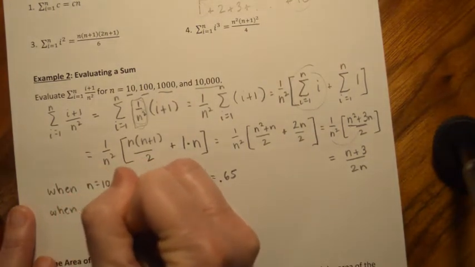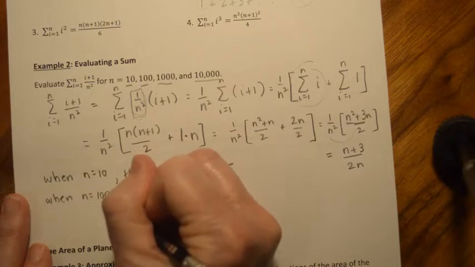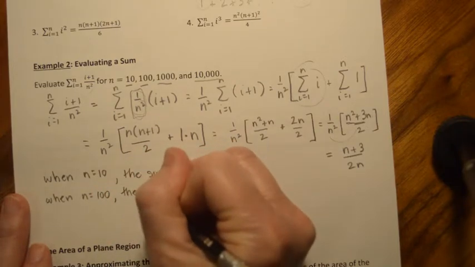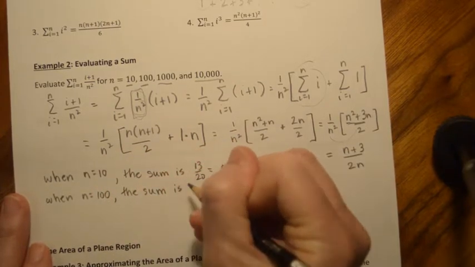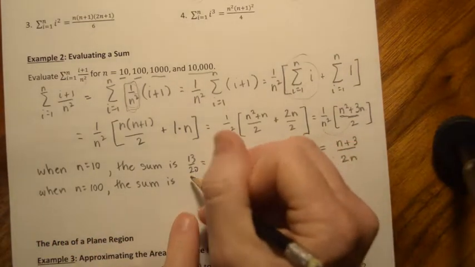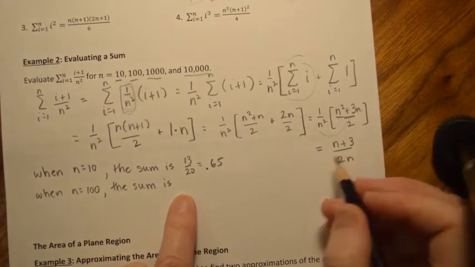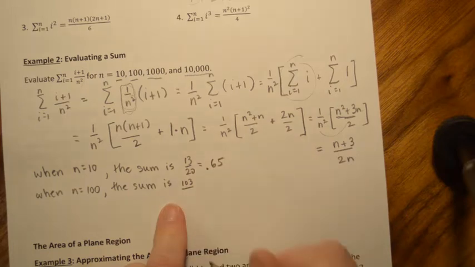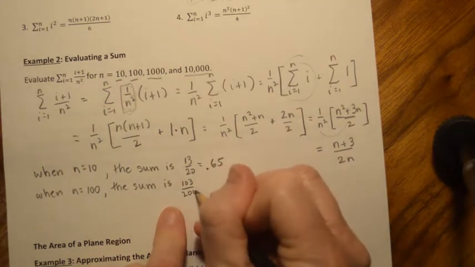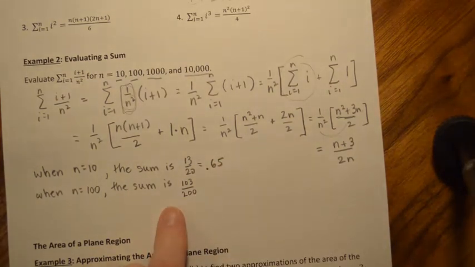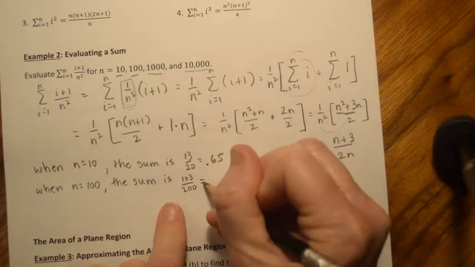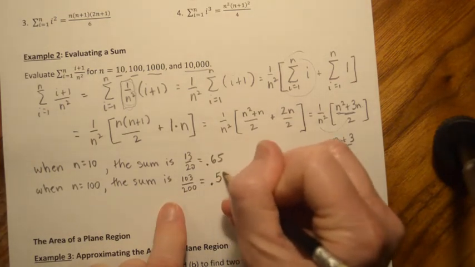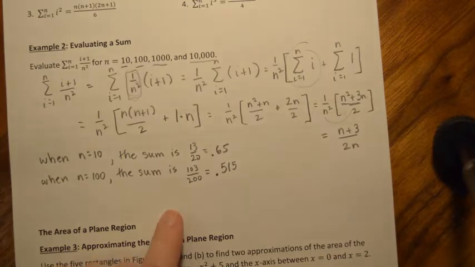All right, when n equals 100, the sum is 103 over 200. Right, and that is not approximately, it is actually equal to 0.515.